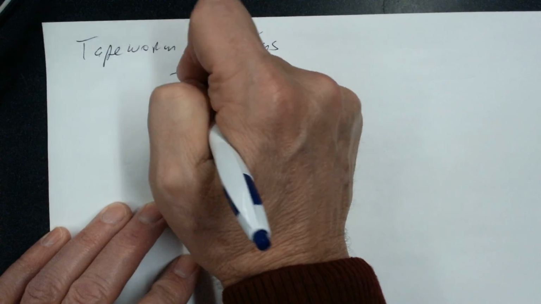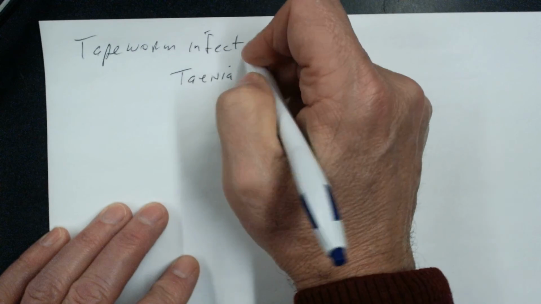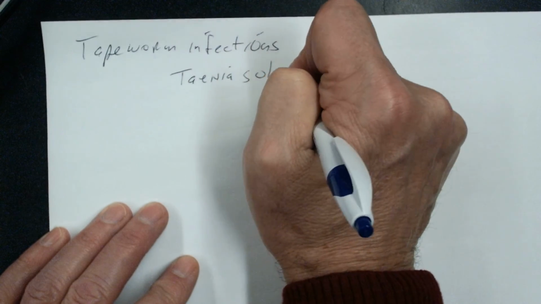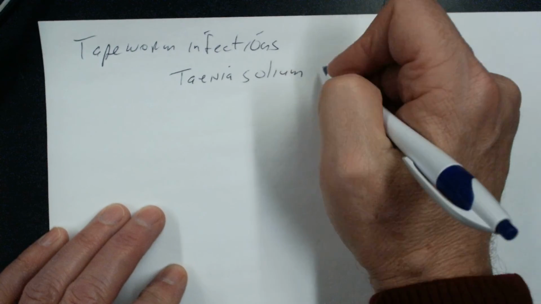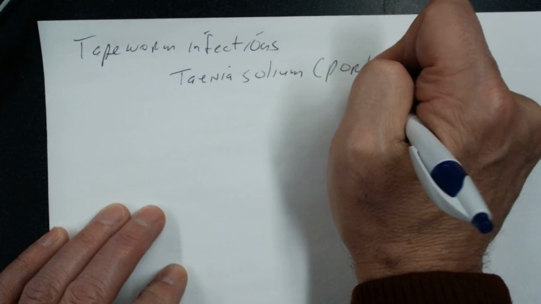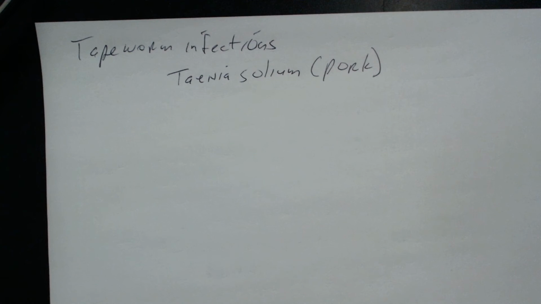So the first is Taenia solium, and this is the common tapeworm of pork. You get this by consuming food contaminated with fecal material from infected pigs.